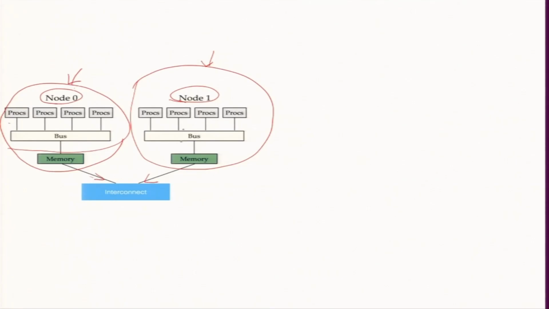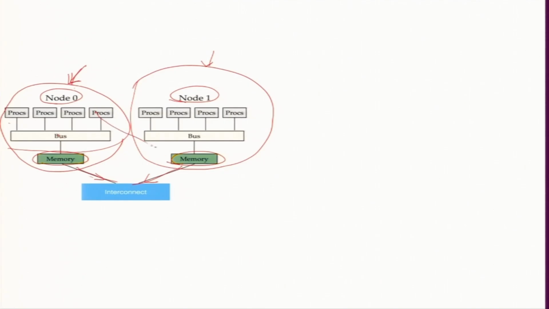It is possible that node 1 will send its data to node 0, and node 0 takes the responsibility of adding the data and giving the final result to the user. This can be like a head of the department type, who takes all the data and sends it across. This is called distributed memory, and you see the memory is distributed. This memory is separate from that memory. Node 0 cannot access the memory of node 1 directly.